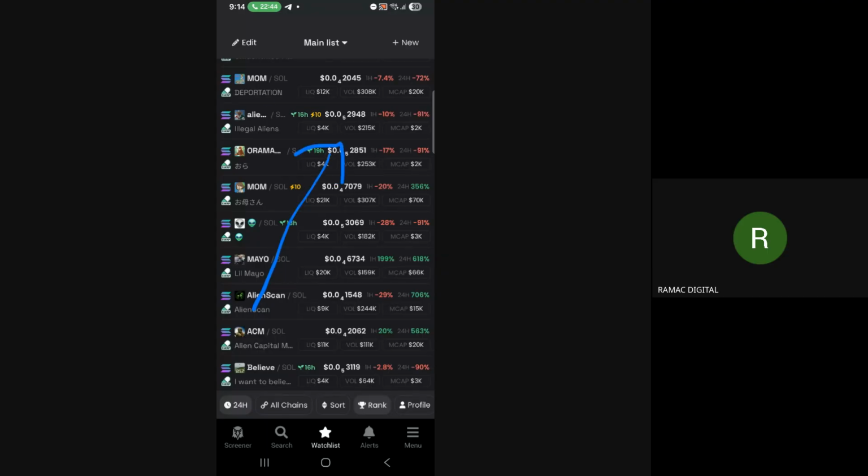When a coin has done so well to reach 400K, it can still go to like 40 million, yes. But once it has touched 400K, sometimes try to look for another token, or try to understand the token.